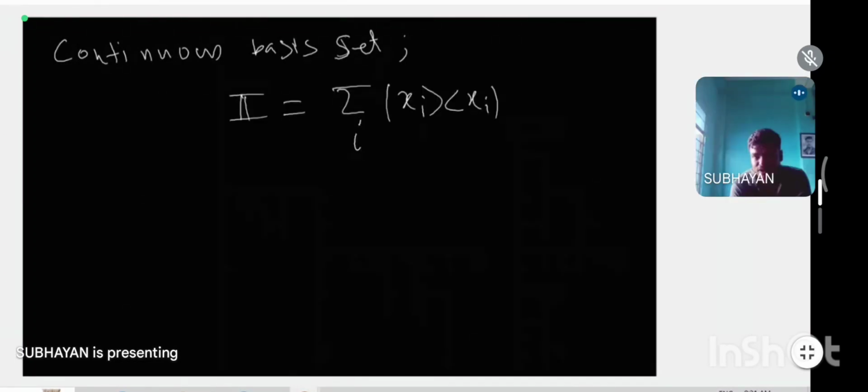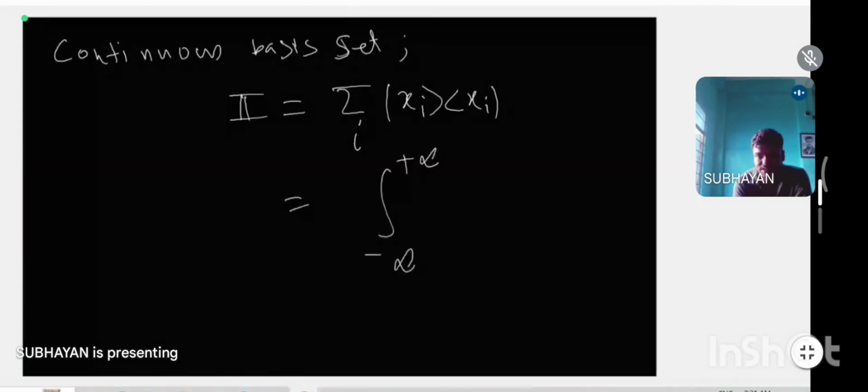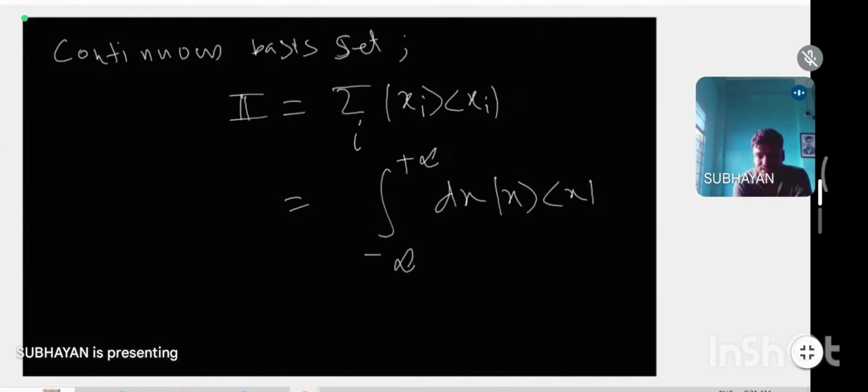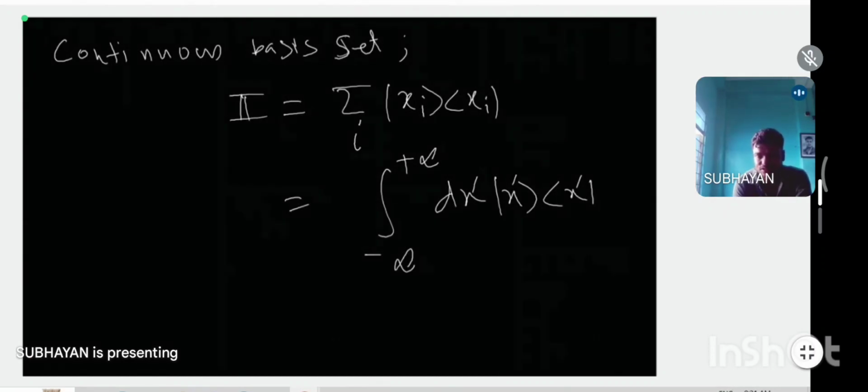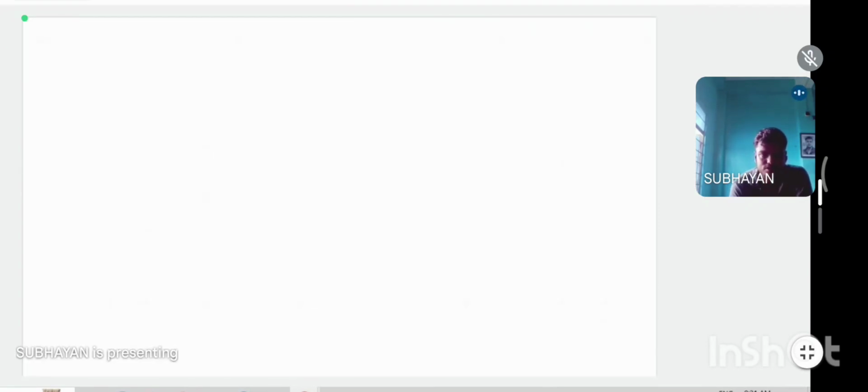Integration minus infinity to plus infinity dx x, right? So dx is the definite integration, so you can take prime over there, because at the end you have to put the limit of x prime. So whether it be x or x prime, it does not matter. Here I is a dummy index, and integration x is a dummy.